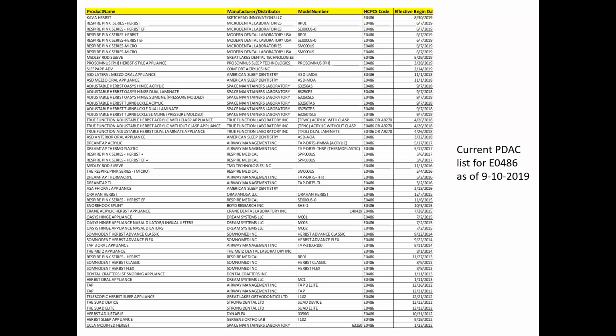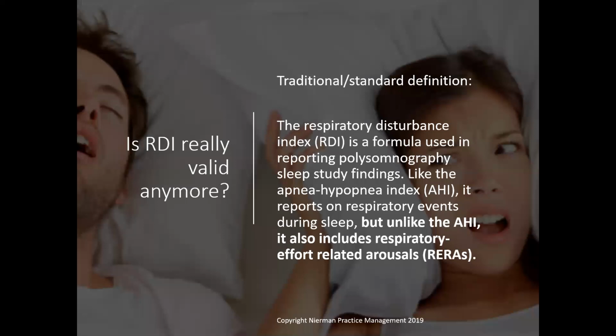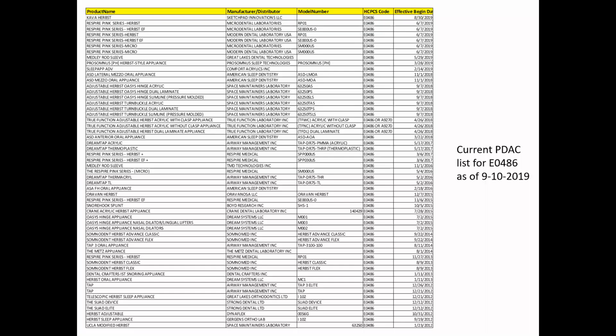Yeah, and I'd like to pop in here. At the cross-coding course this last weekend, I had quite a few practices tell me that the commercial insurers are asking for sometimes the model number and even the lab, the manufacturer. As you may be aware, some of the commercial carriers, I know United Healthcare and some of the Blue Cross Blue Shields, have gone with the PDAC cleared list.